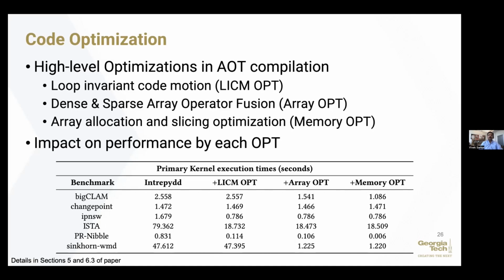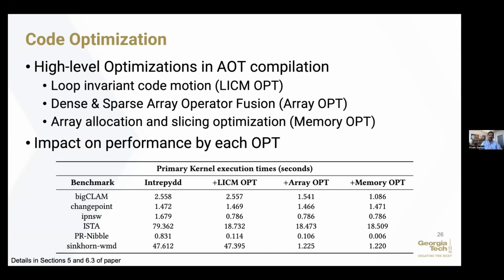There's a dense and sparse array operator fusion that does a redundancy elimination that you may have seen in other pieces of work, including the TACO project from MIT, where, for example, if a sparse matrix is going to be multiplied by some dense matrix expression, you want to make sure that in the dense matrix expression, you only compute the elements that will be needed to be multiplied by non-zeros in the sparse matrix.